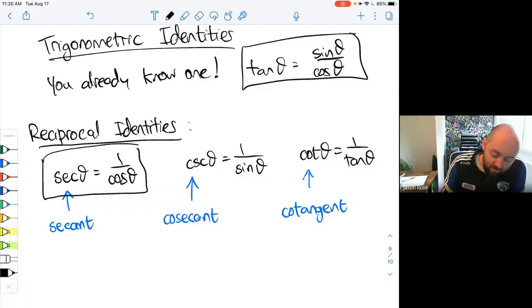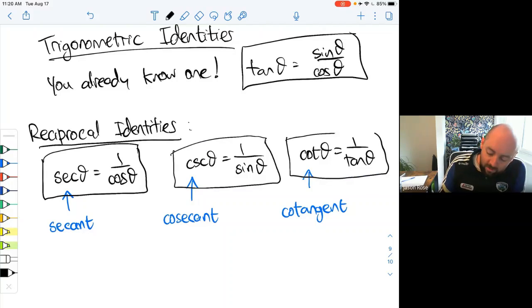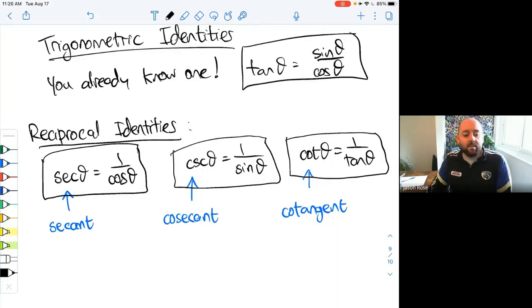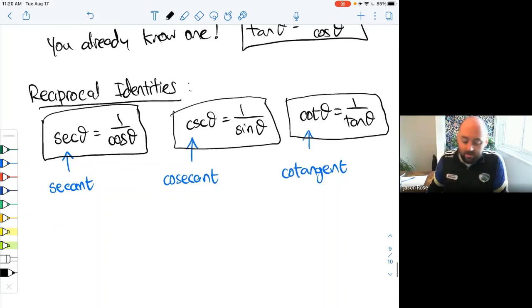You'll see those from time to time in your study of math at university. Secant is just 1 over cosine, cosecant 1 over sine, and cotangent is 1 over tan. This also leads you to one more.